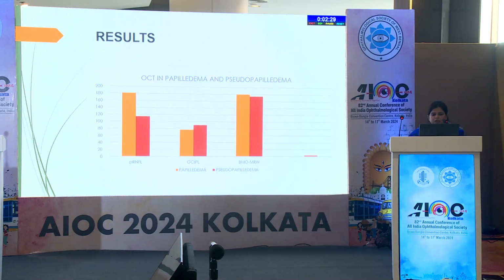In OCT in papilledema and pseudopapilledema, we generally took the PRNFL and GCIPL. PRNFL was increased in patients with papilledema. However, GCIPL thickness was decreased in patients with papilledema. Bruch's membrane was comparable in both groups.